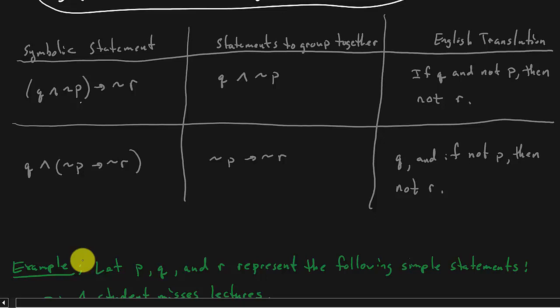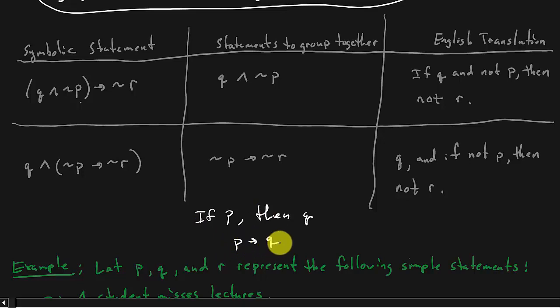So how would we represent that? Well, Q, comma, and if not P, comma, then not R. Now this comma here is for the if-then, like when you do if P, comma, then Q. That comma is just for that.